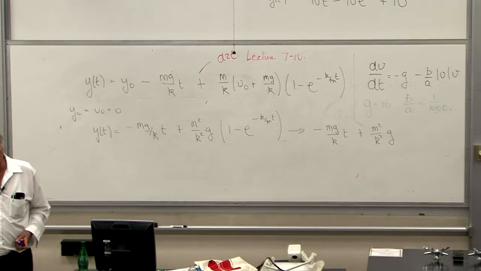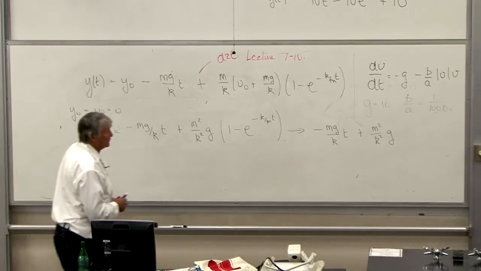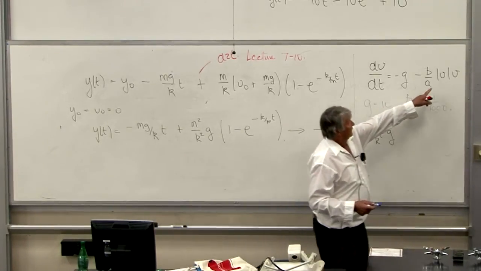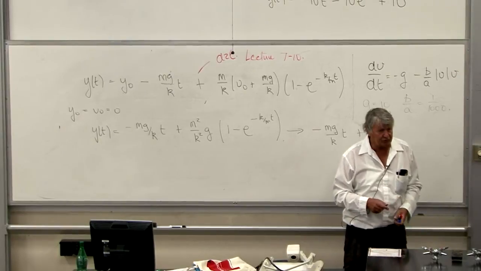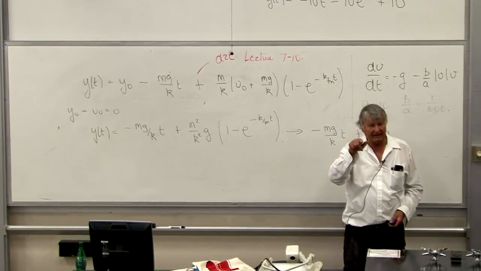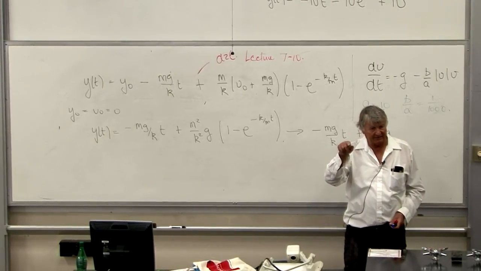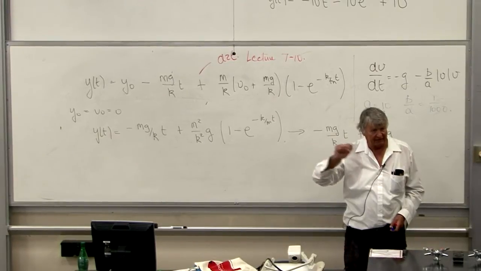When you're using the program and you have to have this function, this is absolute v. What you write is abs, bracket, v, times v.